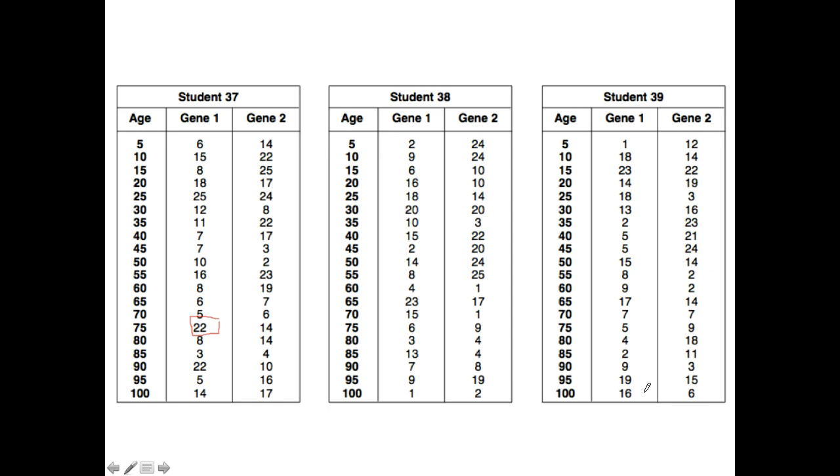So we're going to look at gene 2 now. If your individual has the number 17, go ahead and put a box around it. These numbers represent the random mutations and gene expression of your genes. So for my individuals, 39 did not have anything on gene 1 or gene 2, so nothing happened.